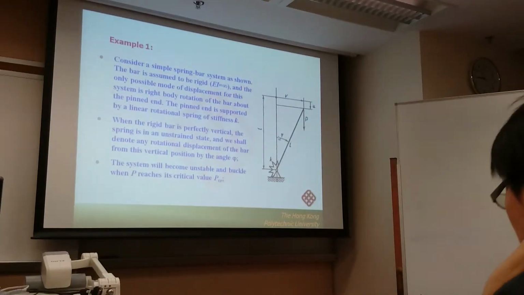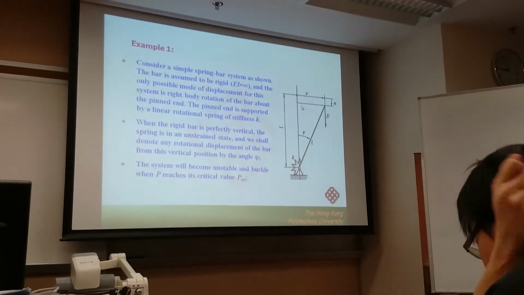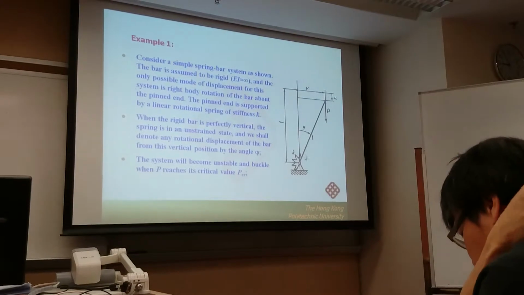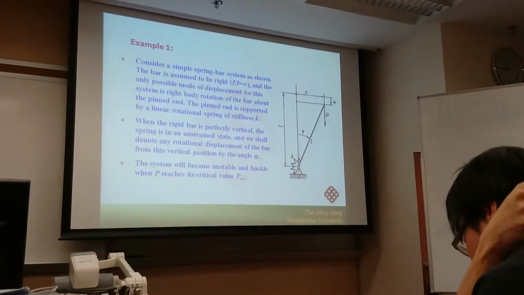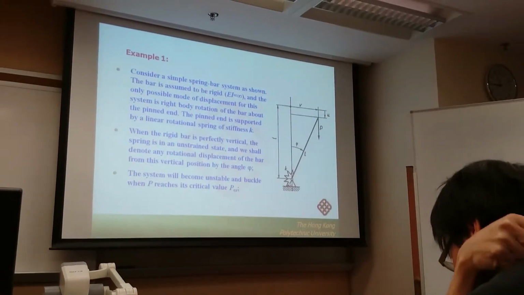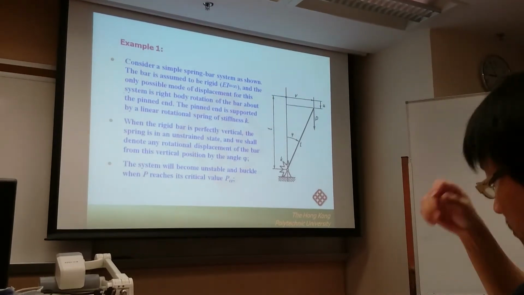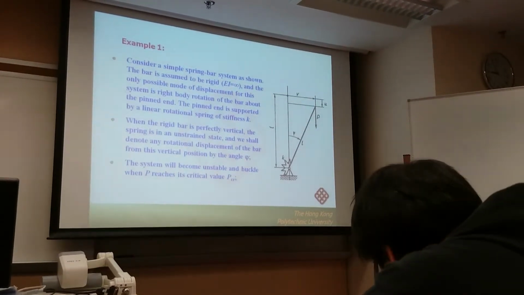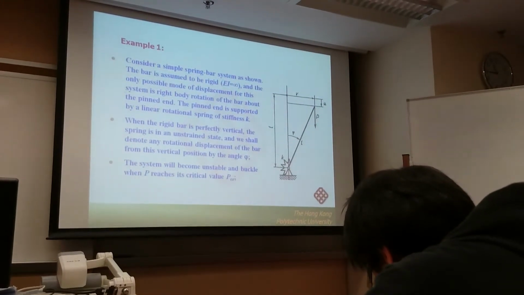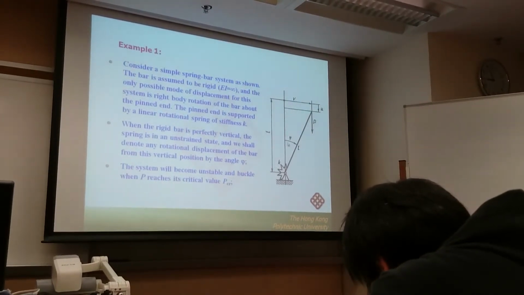The moment due to the applied force is equal to the applied force times the horizontal distance V. Due to the rotation, moment resistance is produced by this rotational spring. This is a rotational spring, not a translational spring. A rotational spring just provides moment resistance, equal to the stiffness of the spring times the rotation angle.